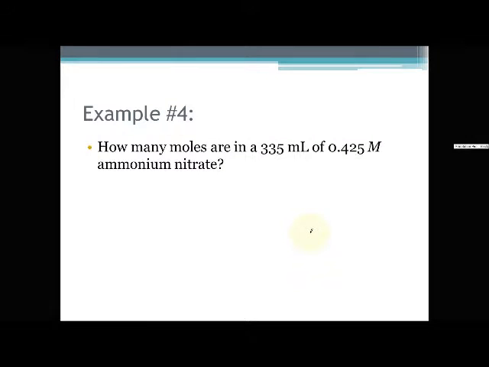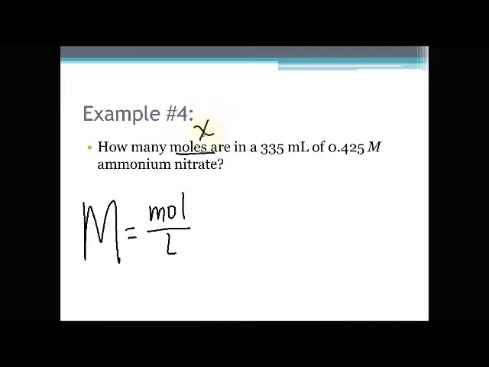Example 4. How many moles are in a 335 milliliter sample, I guess, of 0.425 molar ammonium nitrate? Again, we have our equation. We want moles, so we're going to replace that with X and solve for it.